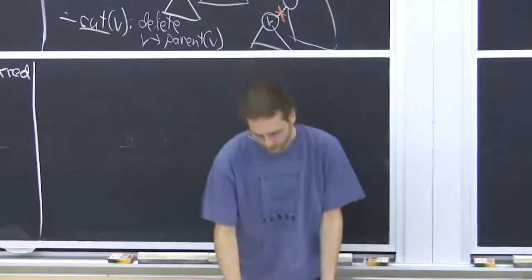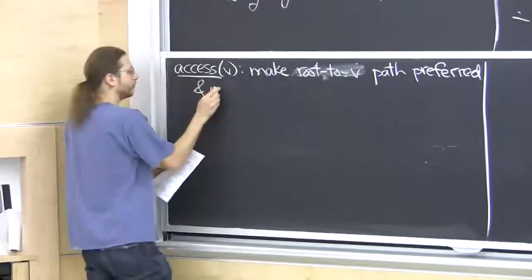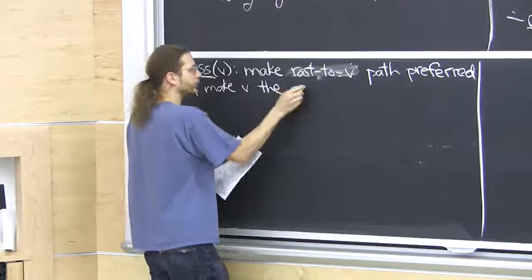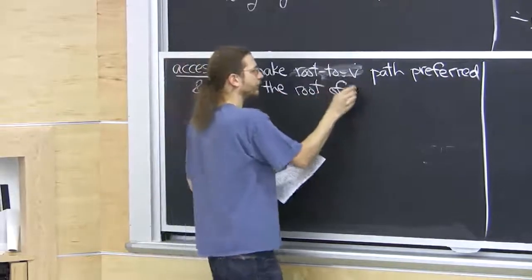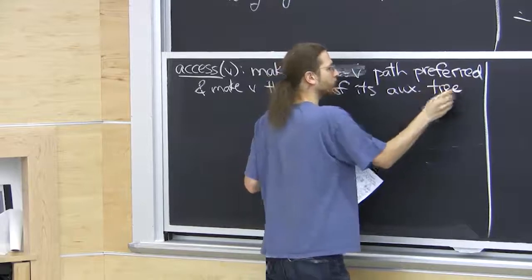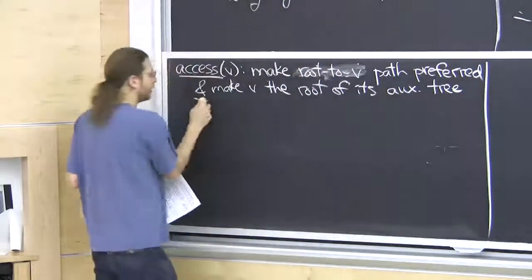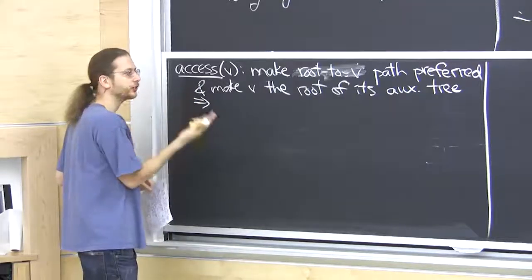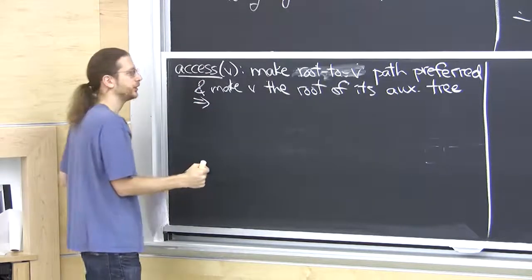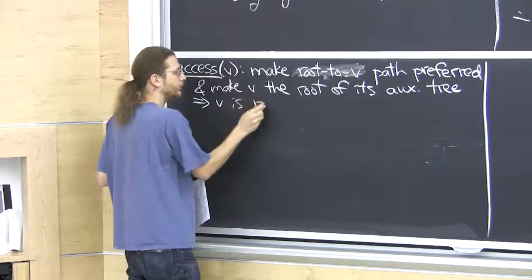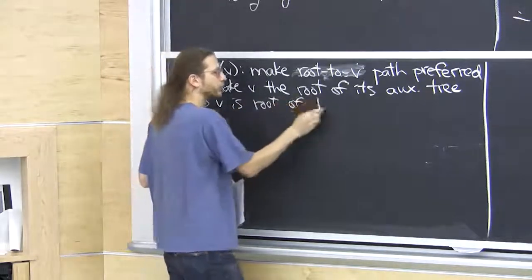But we're going to do a little bit more. We're also going to make v the root of its aux tree. Which will mean, because that aux tree is now the topmost aux tree, because that aux tree contains the root and it contains v, in fact v is the root of the tree of aux trees.